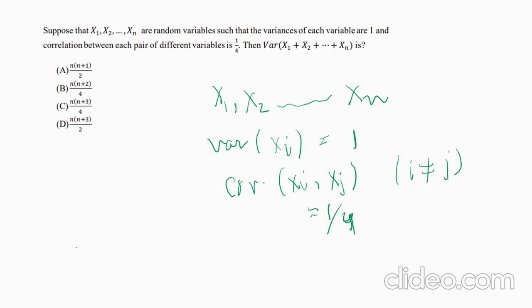Now we want to find the variance of x1 plus x2 up to xn.